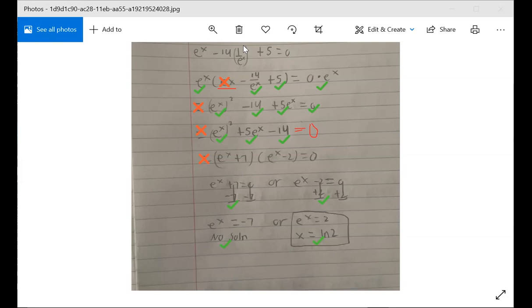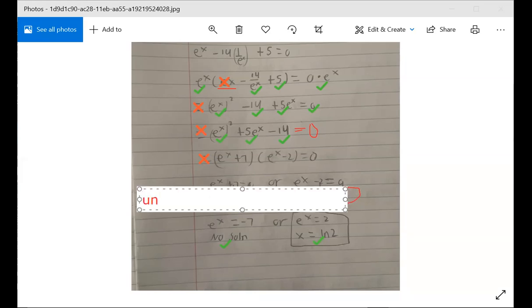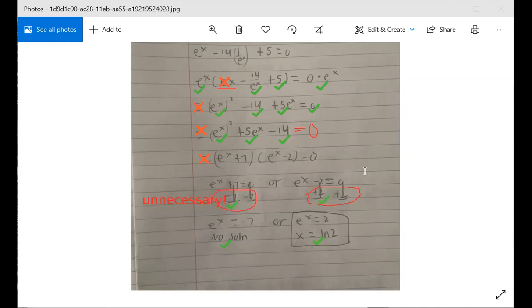This piece, you see, I mark it correct, but I also want to tell you, it's entirely unnecessary. Your teacher doesn't need to see that. I don't need to see that. Do you follow me?